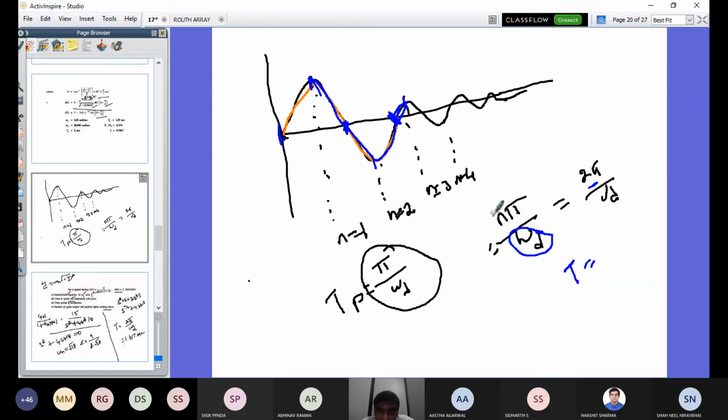That means n is equal to 2, you can consider 2 pi by omega d. Or if you consider from here to here, here to here it should be pi, here to here it should be 2 pi. So 2 pi by omega d is the standard equation to determine the time period of oscillation. Any doubt in that?